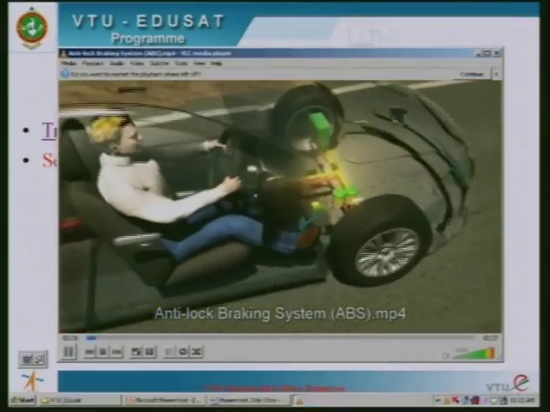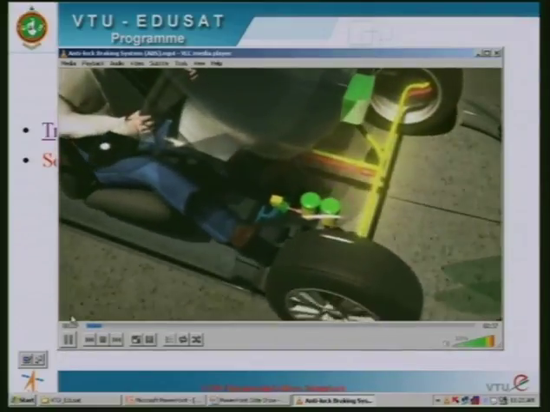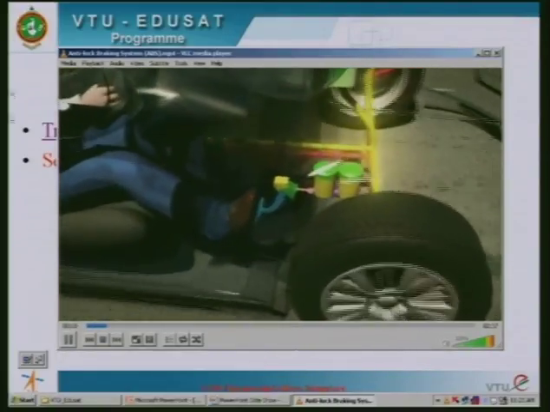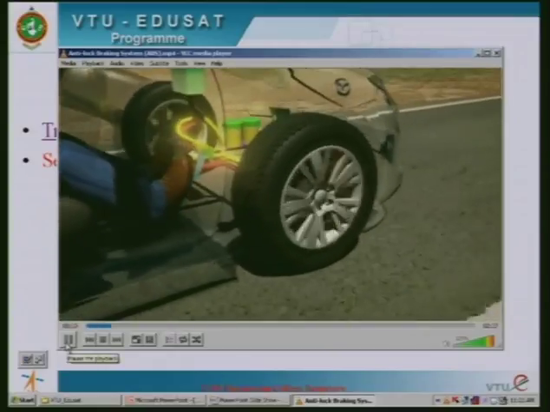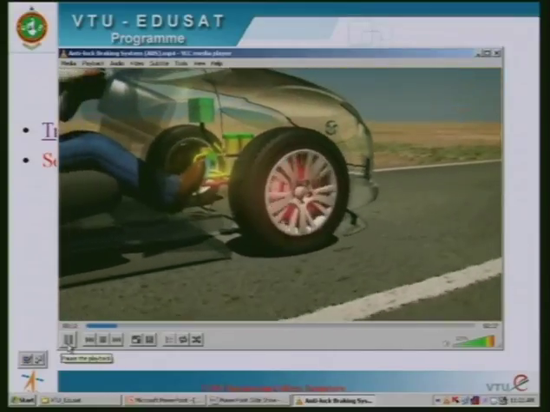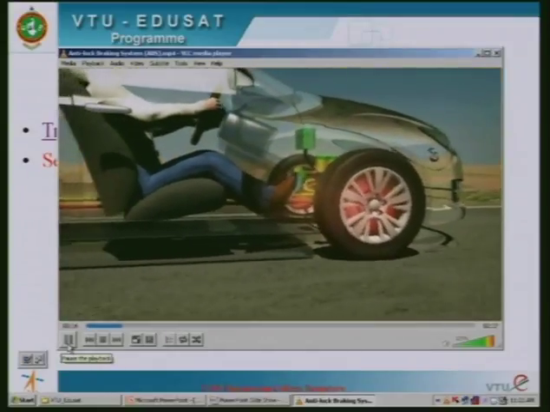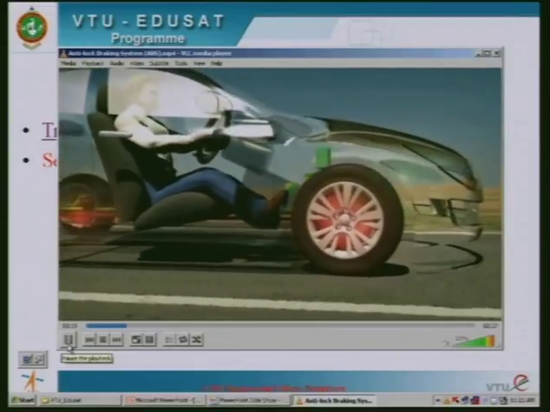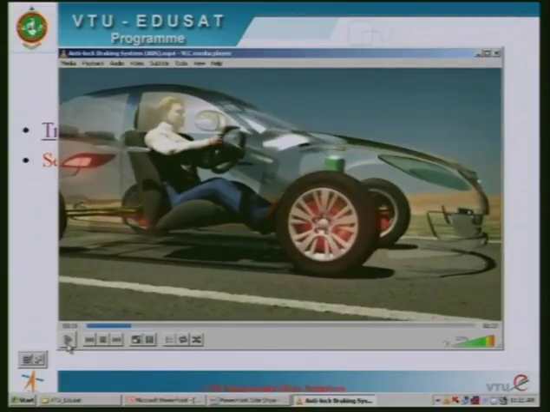So we are trying to see here a smart guy like me or you driving a car. We are able to see the animations of the car. For grip. If this happens, the wheels can lock up, causing the vehicle to skid. So there is a guy who is driving a car, and now we are trying to understand the role of a sensor or a transducer in this car.